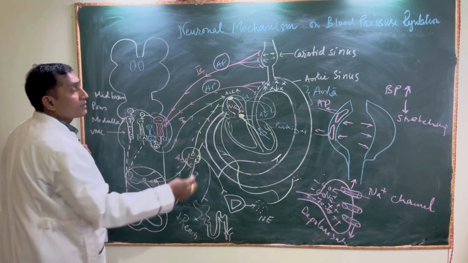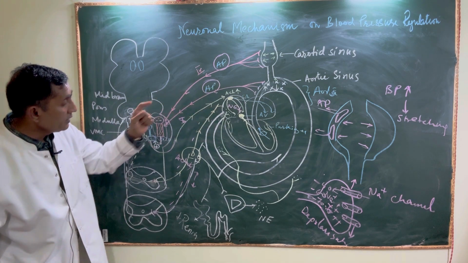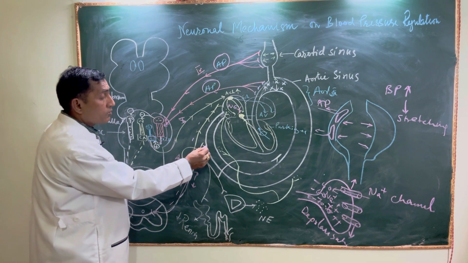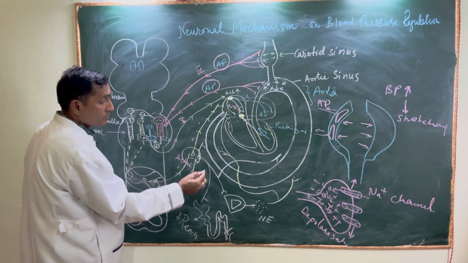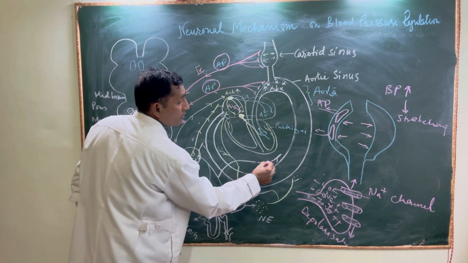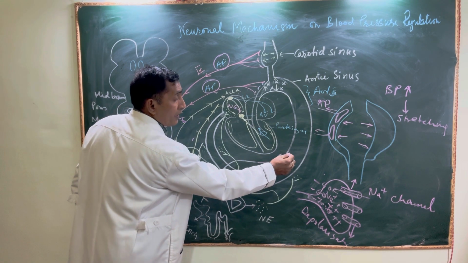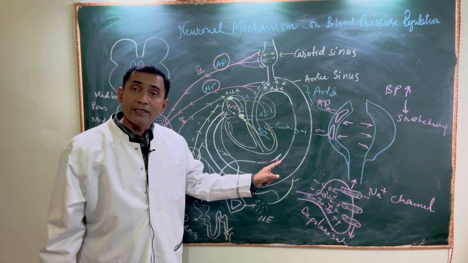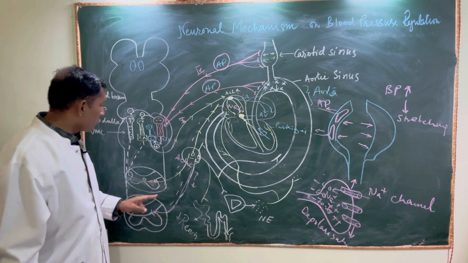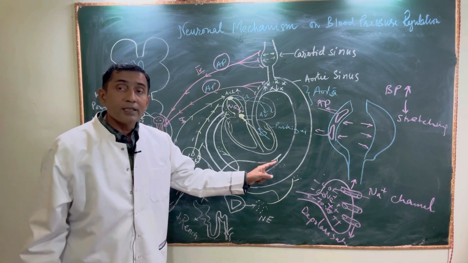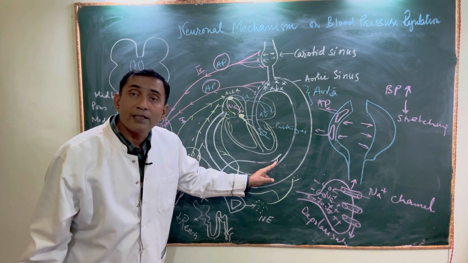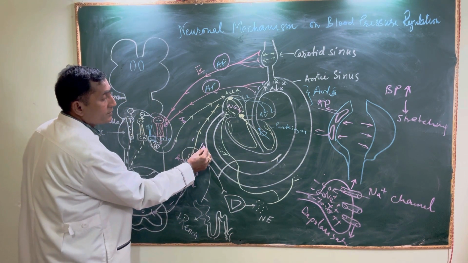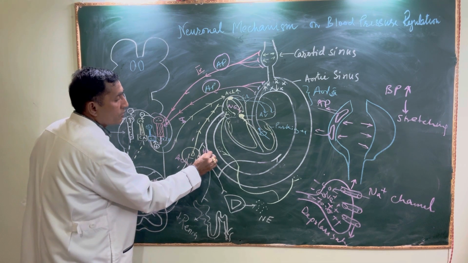So there will be less secretion of norepinephrine here, and again it has a connection to supply or control the venous system. It can also control the activity of arteries, that is, whether there is contraction or dilatation. Because of this stimulation of the vasomotor center, there is arterial dilatation and vasodilatation because of less secretion of norepinephrine.